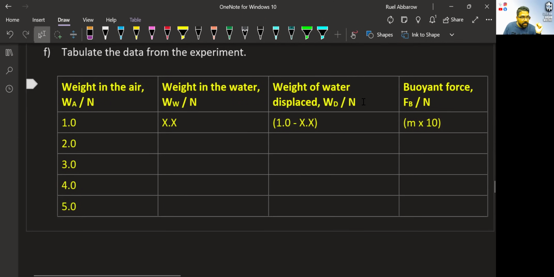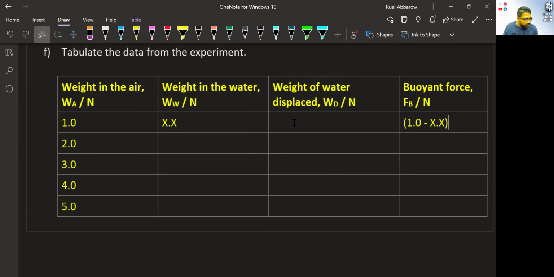However, MV is not measured directly. It is calculated, right? So what I personally would include in the table would be the mass of the slotted weights first. In your textbook, it doesn't begin like that. But if I was doing the experiment, that is what I will add. I will add mass of slotted weight first, and then you do the weight. So how do you do the weight of the water displaced? Oh, sorry, this is the other way around. This is the other way around.